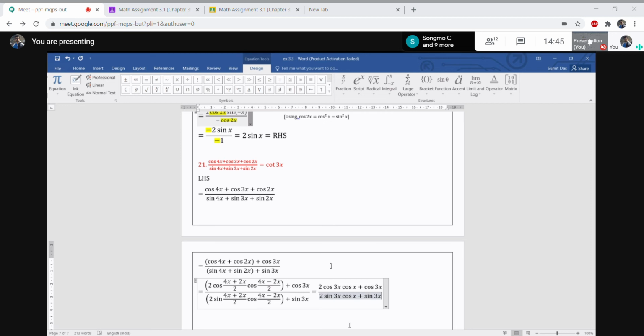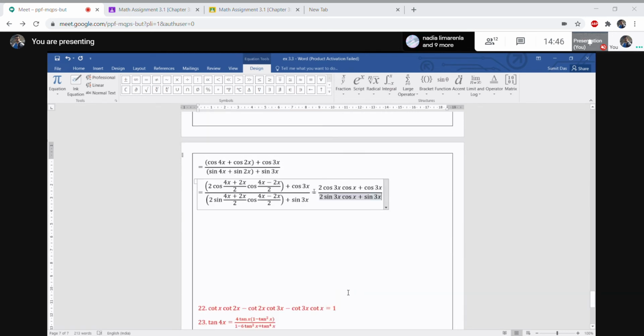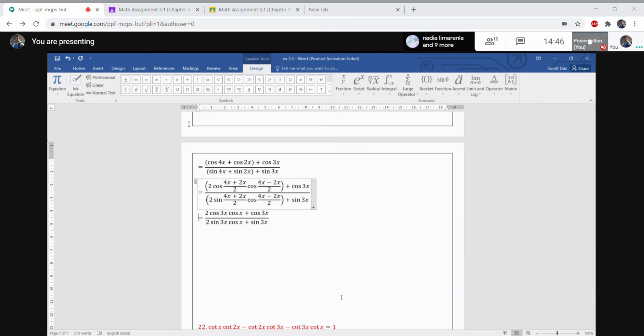Now if you take cos 3x common from the numerator, what will remain?